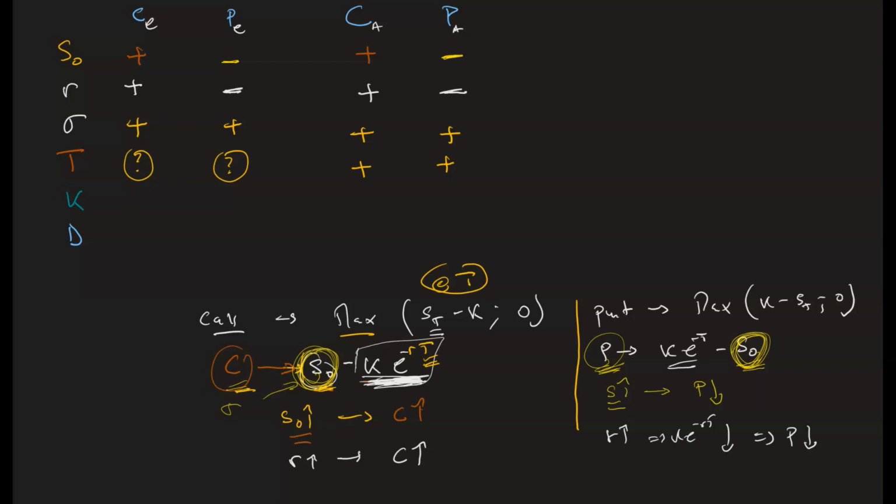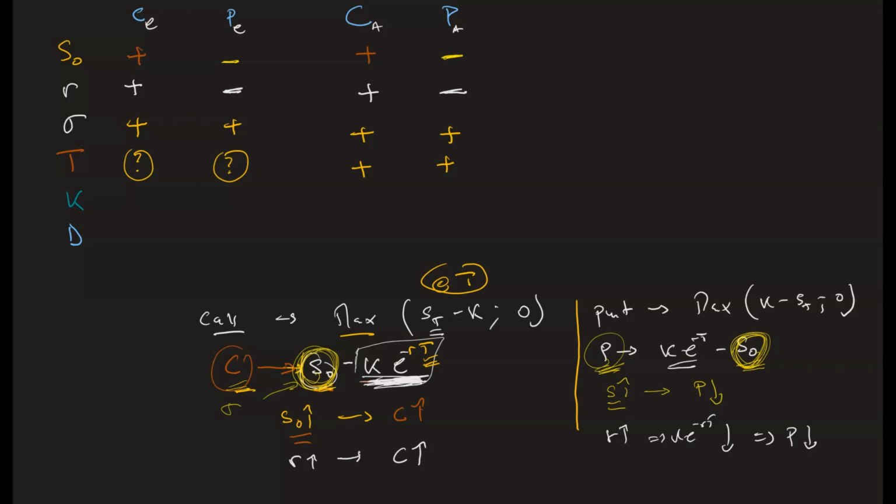Now, when we're working with the strike price, the strike price is essentially going to have the opposite behavior of the stock price. So for a call option price, the relationship between the strike price and the call option premium is going to be negative, right? As the strike price increases, the less likely it is that the stock price is going to be increasing enough to go past the strike price and make the option in the money.